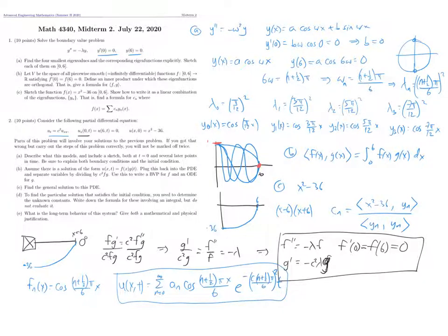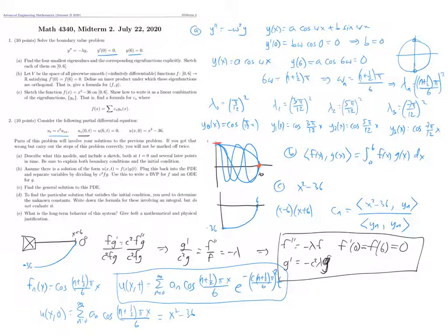And then the particular solution that satisfies the initial condition, just as always, you plug in t equals 0. So you get u of x, 0, and of course what's going to happen is the exponential goes away, and you get the sum from n equals 0 to infinity of an cosine of n plus 1/2 pi x over 6 equals x squared minus 36.